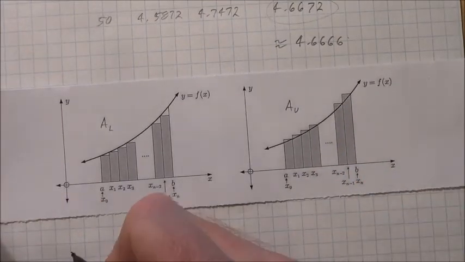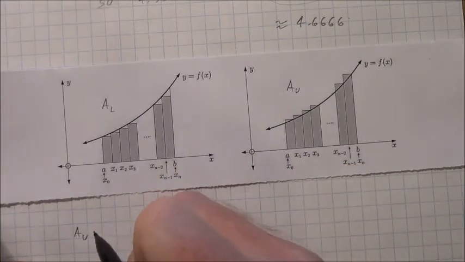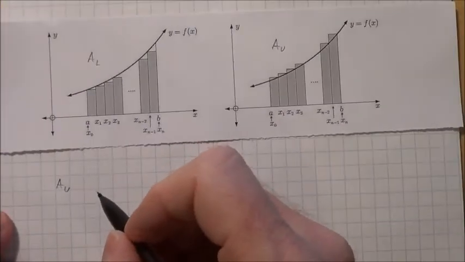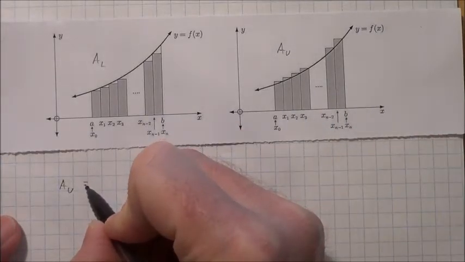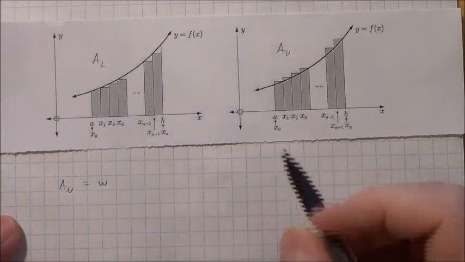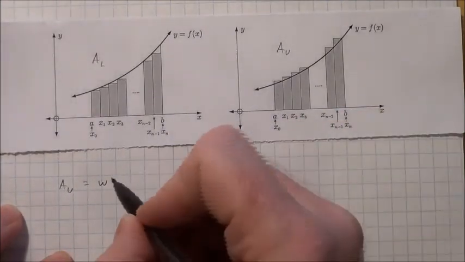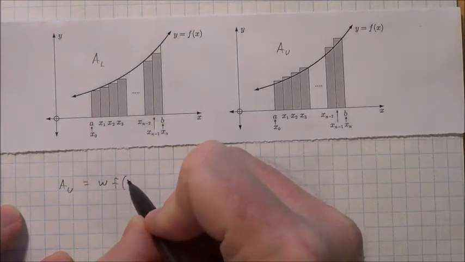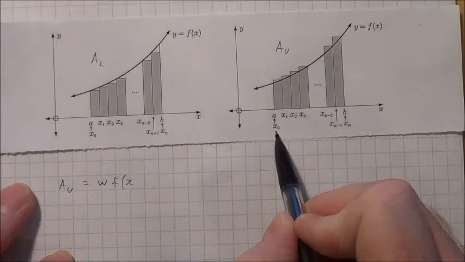So if we find the area A sub U, the area of all the upper rectangles, then we're going to have the width, and we're going to multiply that. Now remember, we're doing rectangles. We're multiplying by f of, well, this is a, which we're going to call x naught.